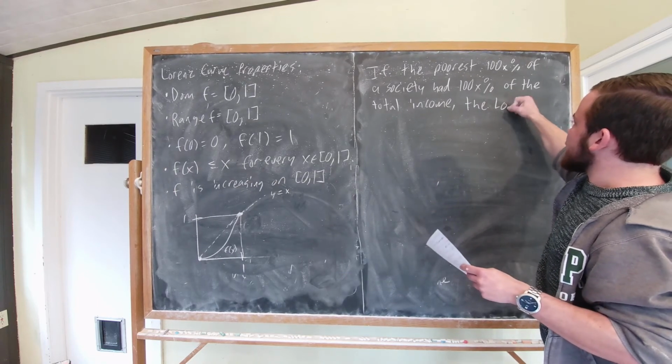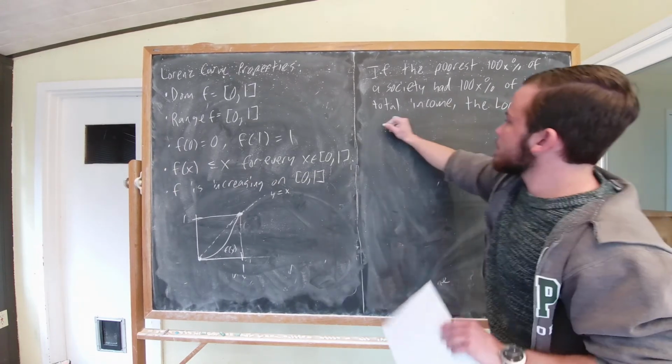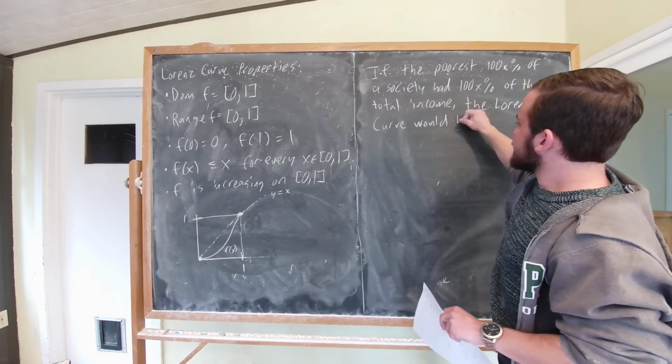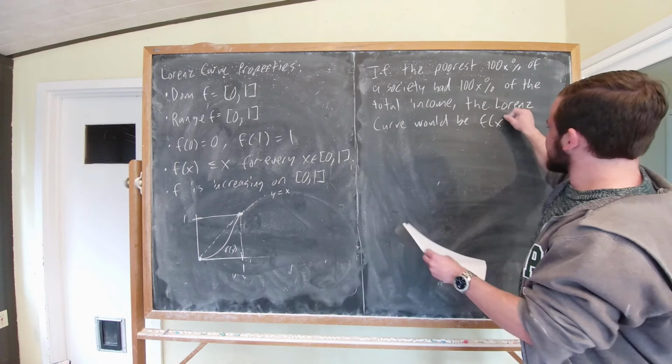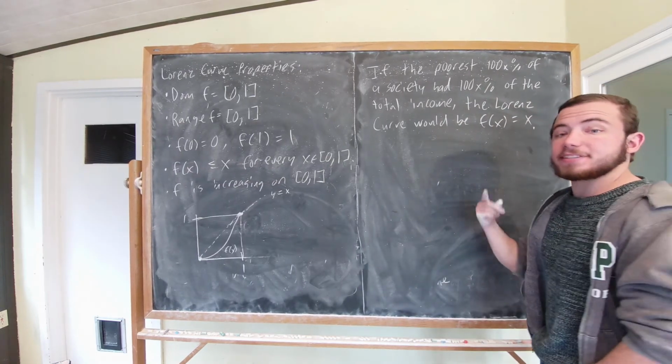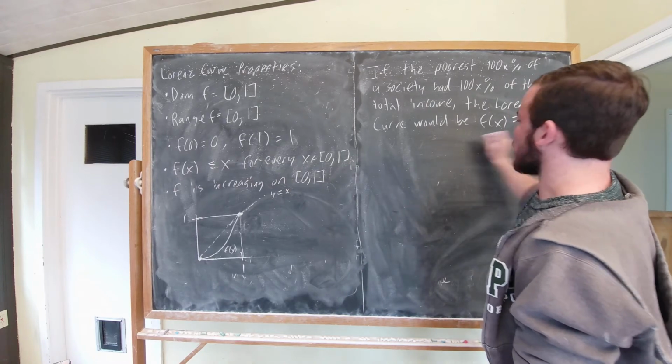The Lorenz curve would be f of x equals x. So we call this the line of complete equality.